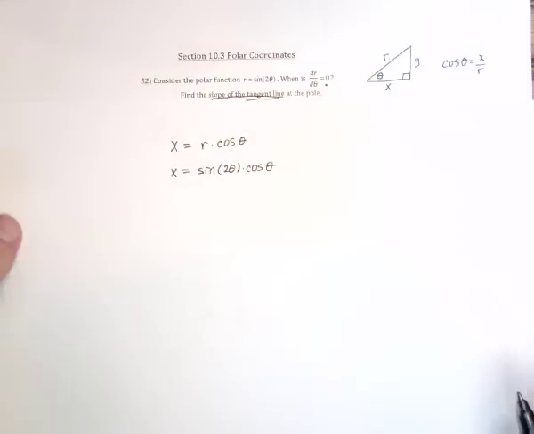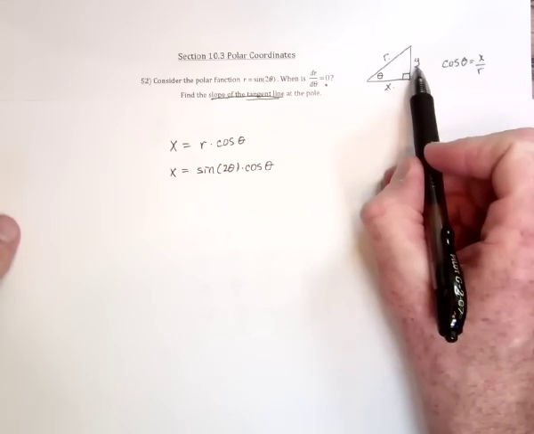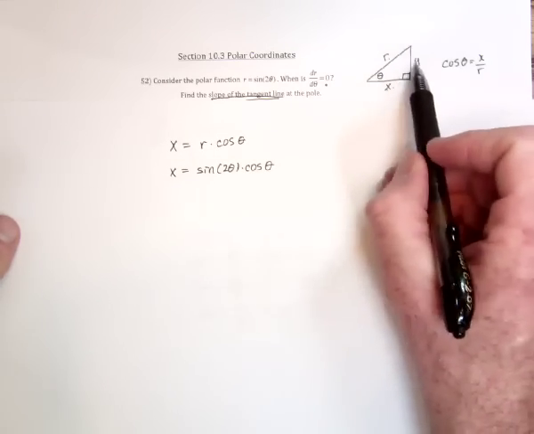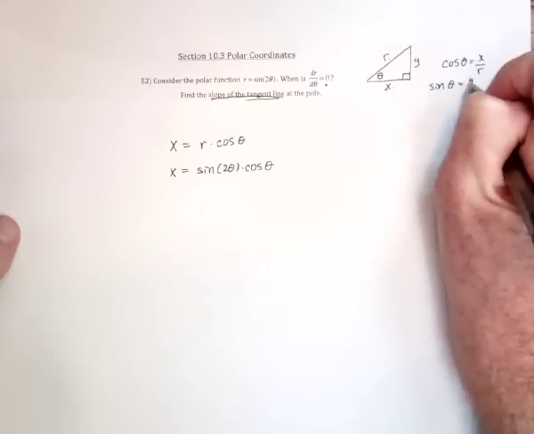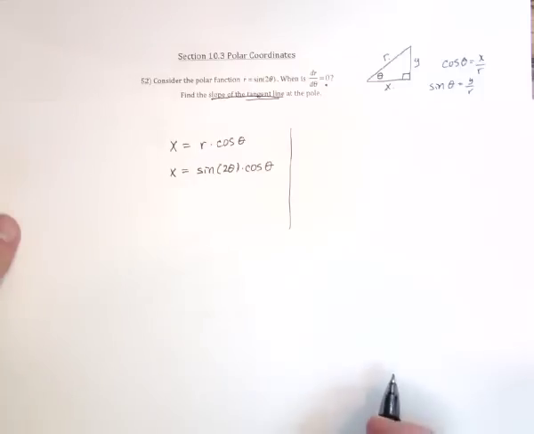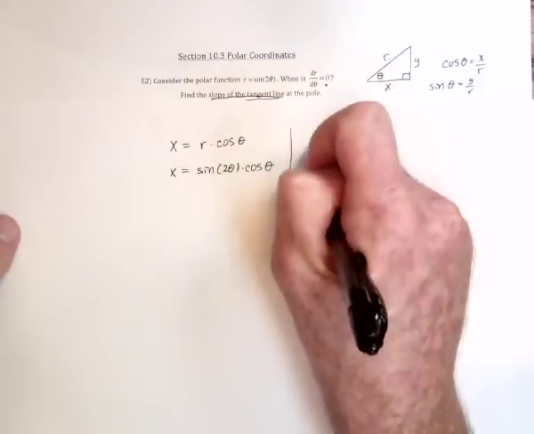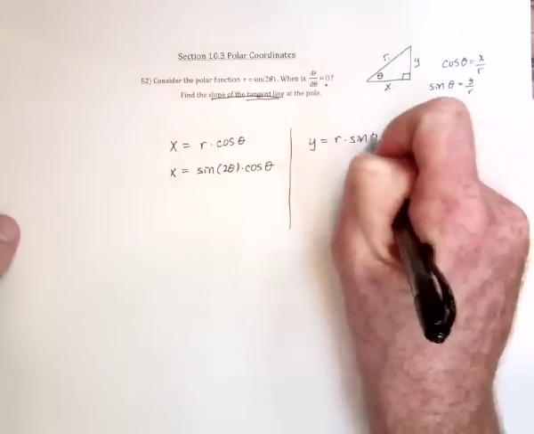All right, what about y? So go back over here. If you use this for y and r, so that's going to be sine. So sine of theta is equal to y over r. Or in other words, y is equal to r sine of theta.